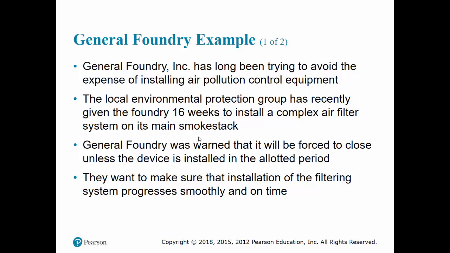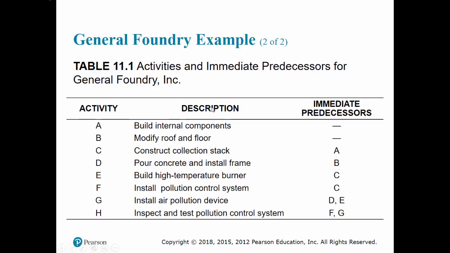The first thing is the management will have to identify the activities that need to be completed. Here is that list that has already been developed. We have activities A through H. A is build internal components, B is modify roof and floor, and so on.